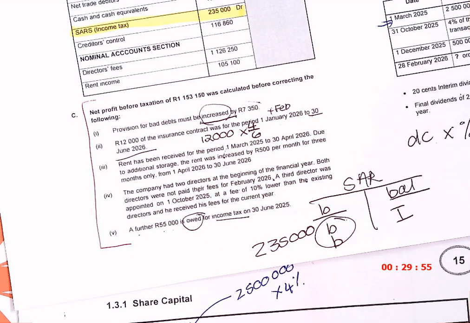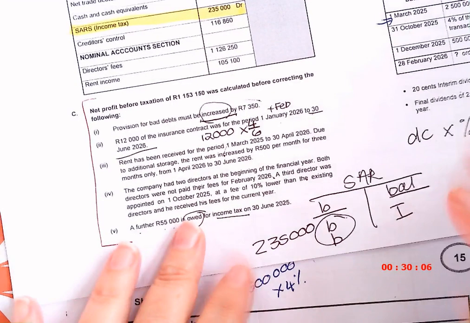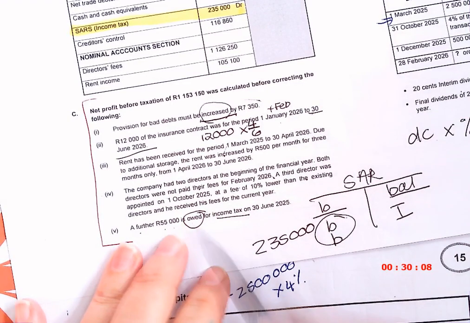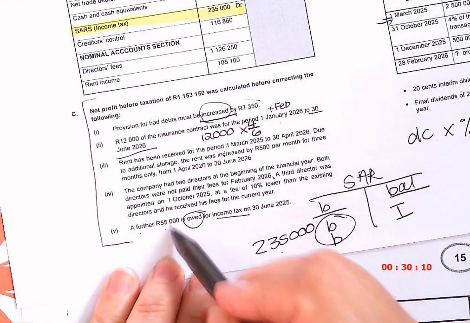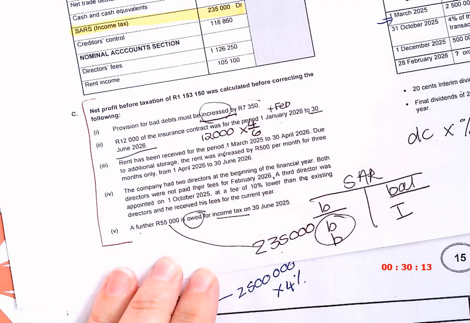Why? Because you paid SARS already twice this year, even though you don't know your tax yet. Okay, now they don't tell me my tax, but what do they tell me? They tell me this 235 shorts 55, because we still owe 55.